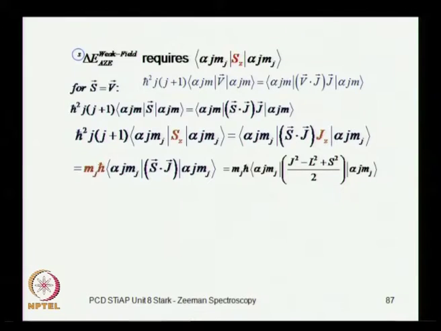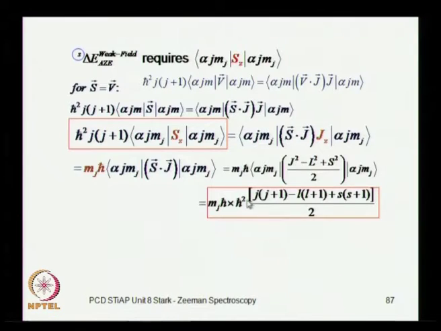So, you have the operator S dot j whose matrix element now you need, this is given by a sum of 3 operators, j square minus L square plus S square, divided by 2, but now this state is an eigenstate of these operators. Okay. So, what are the eigenvalues?